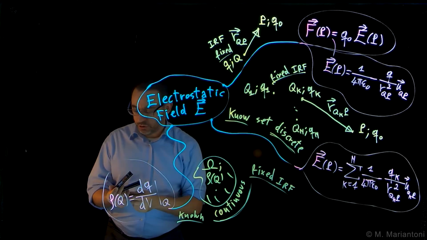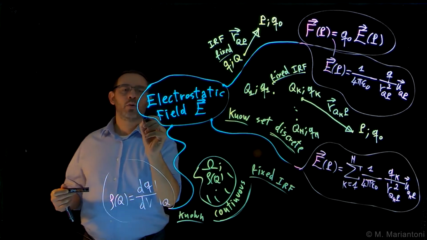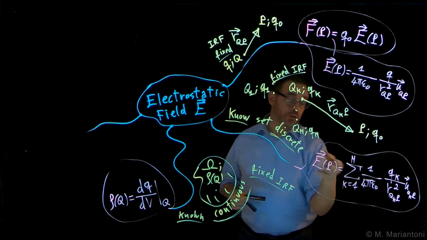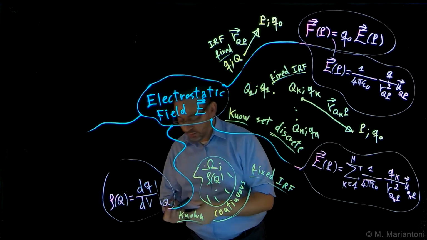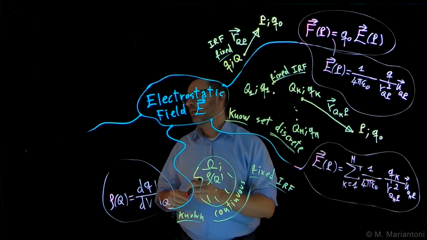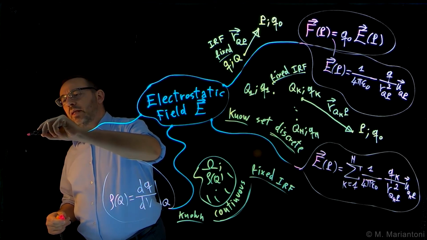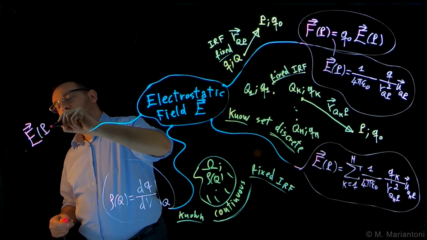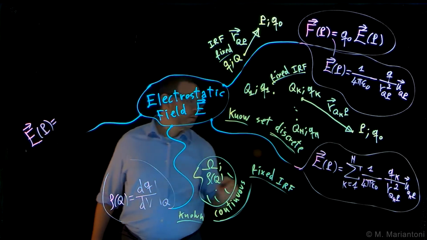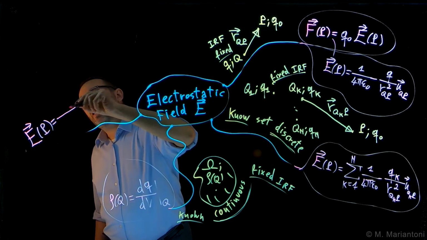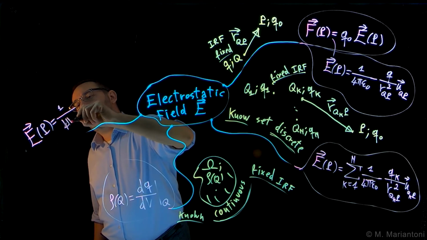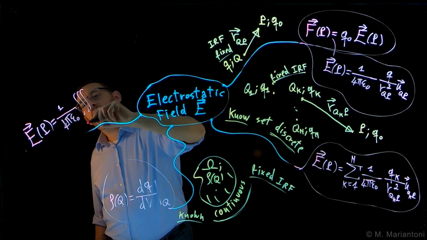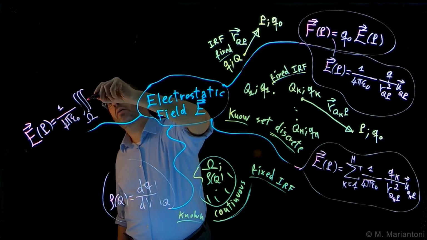Under all these conditions, we can map this result, where the sum from the discrete distribution goes to a continuous distribution, so the sum becomes an integral. So in this case, the electrostatic field E at point capital P is 1 over 4 pi epsilon naught, a constant, which we take outside the sign of integral. The sum becomes the integral over the region capital omega where the charge is defined.